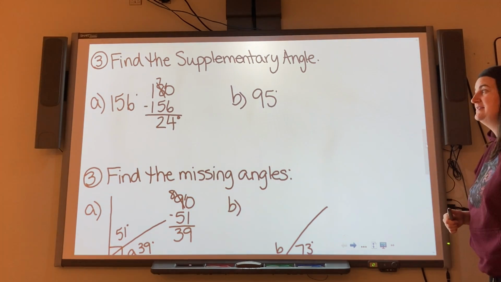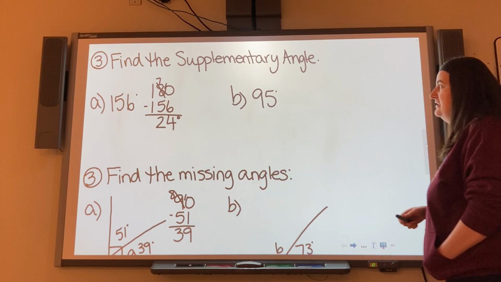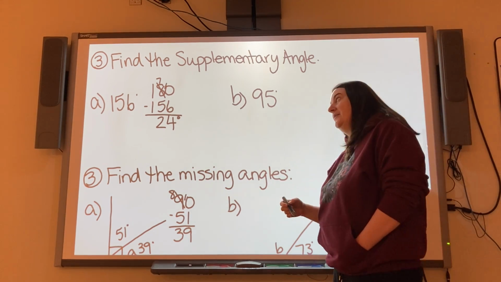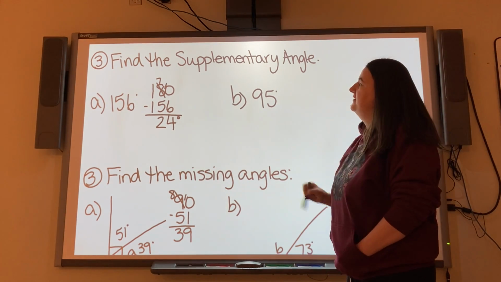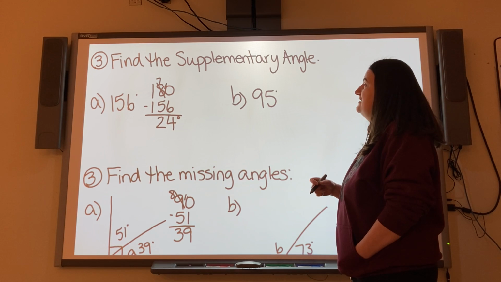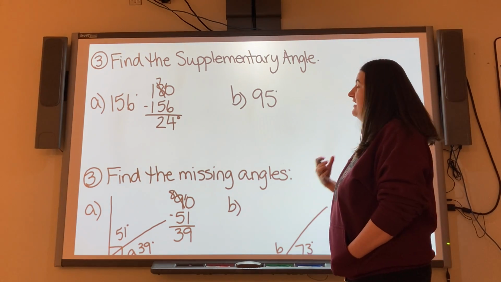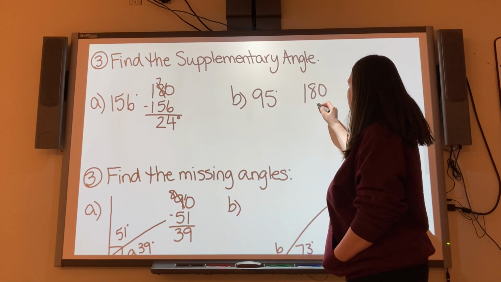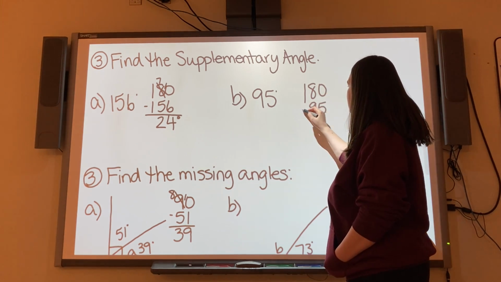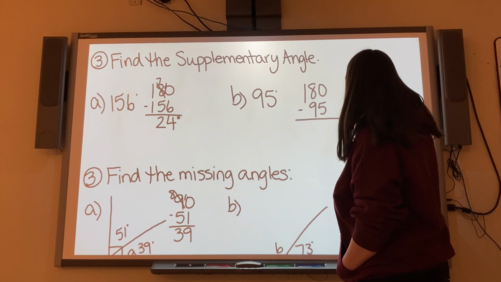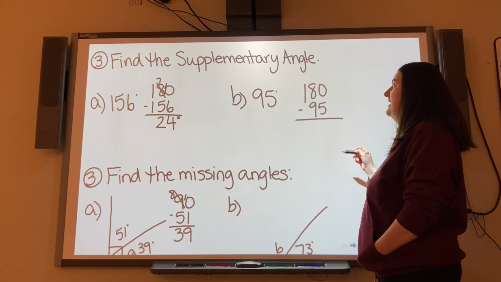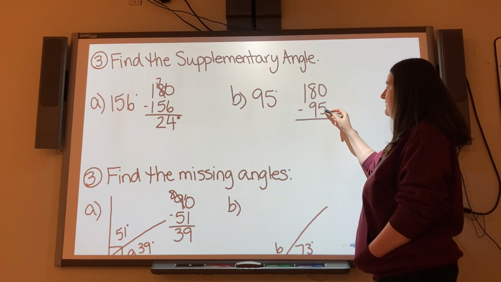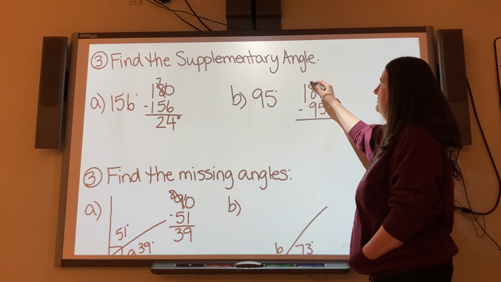Supplementary angles are the ones that add up to 180 degrees. So if I have one angle that's 95, I need to minus that from 180 to find the missing angle. So I take my 180, take my 95, and I minus. Do I have to borrow? Yes, I have to borrow. You can't take 5 away from 0, there's not enough.